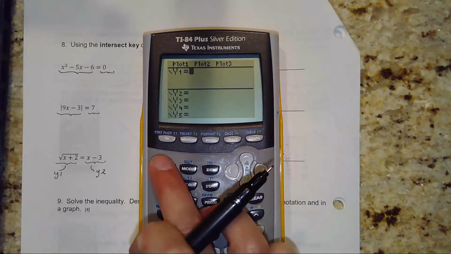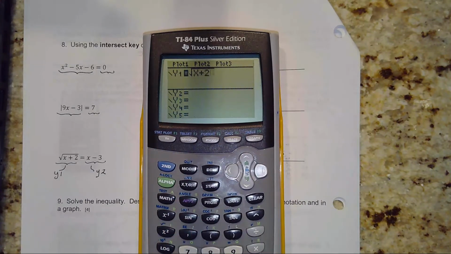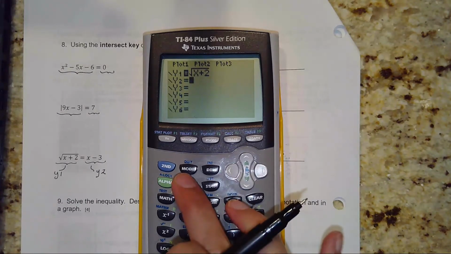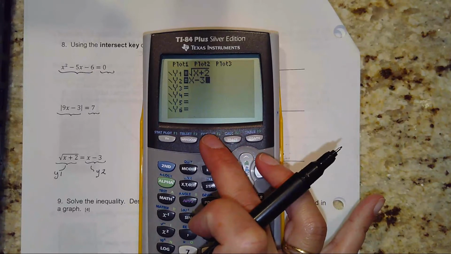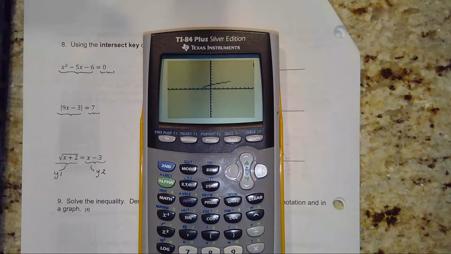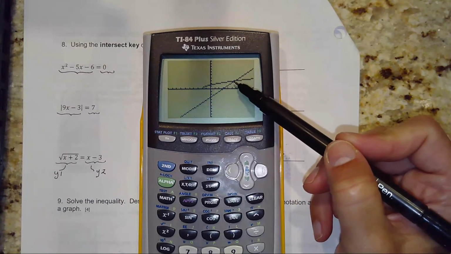Okay, so square root of x plus 2 into y1, and then x minus 3 into y2. And I'm going to hit zoom, and then I'm just going to hit zoom 6 and see what I can see. All right.